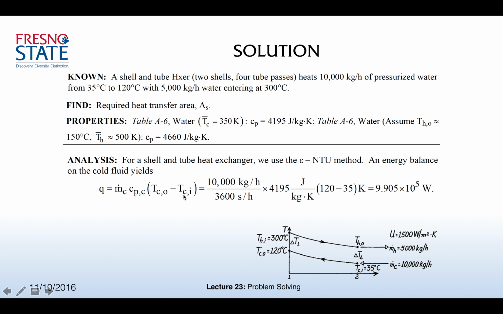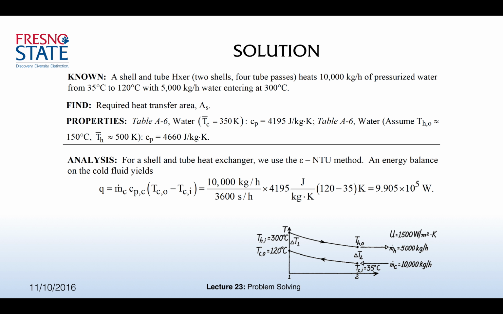The mass flow rate for the cold fluid is given as 10,000 kilograms per hour, converted to kilograms per second by dividing by 3,600 seconds per hour, multiplied by Cp for the cold fluid, 4,195 joules per kilogram Kelvin, times the temperature difference, 120 degrees Celsius minus 35 degrees Celsius. Kelvin is written here because the temperature difference in Celsius is the same as in Kelvin, so it doesn't matter.